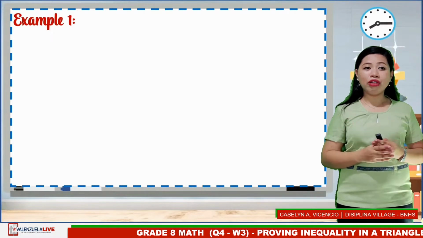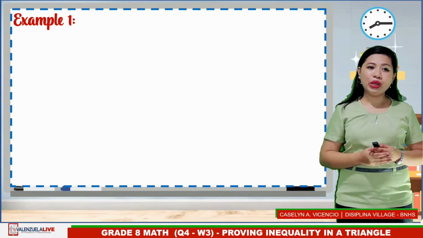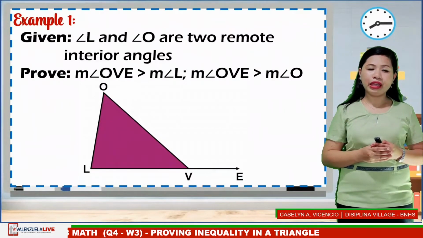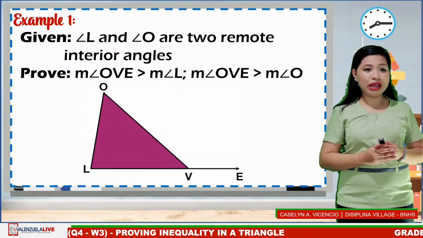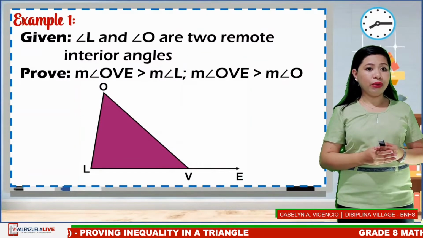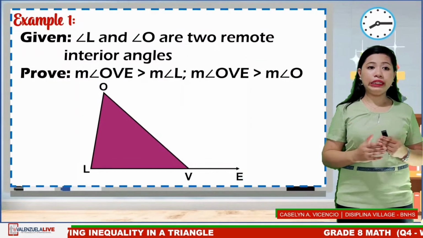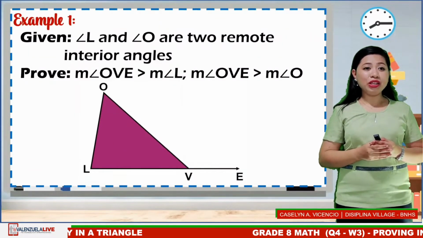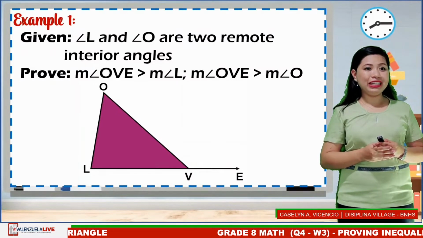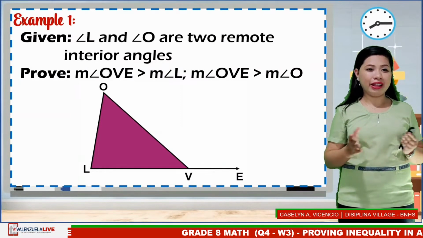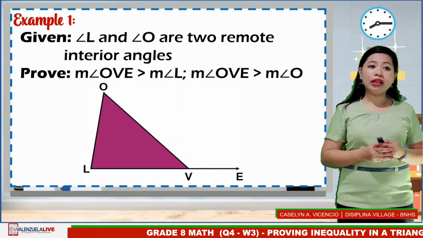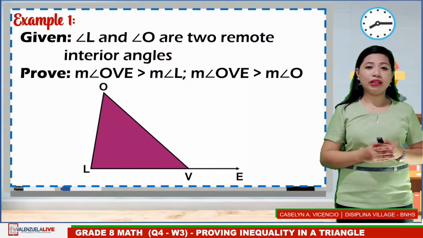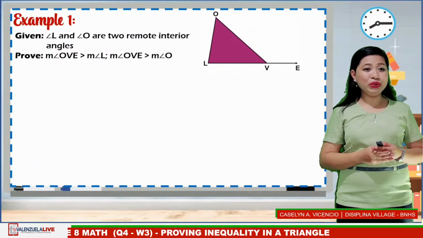Let us start with our example number 1, which is about the proof of the exterior angle inequality theorem. Given this figure, angle L and angle O are two remote interior angles. Let's prove that the measure of angle OBE is greater than the measure of angle L, and also the measure of angle OBE is greater than the measure of angle O. We will use a two-column proof.